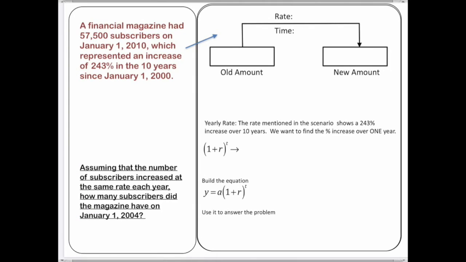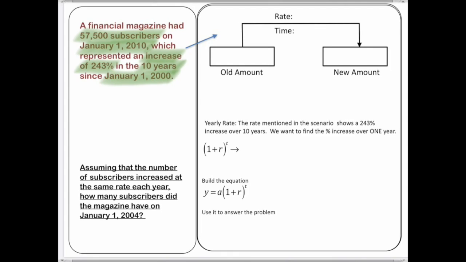Okay, in this example, we got something that's a little bit similar, and it has to do with a financial magazine. Let's take a look. It had 57,500 subscribers on January 1st, 2010, which represented an increase of 243% in the 10 years since January 1st, 2000.